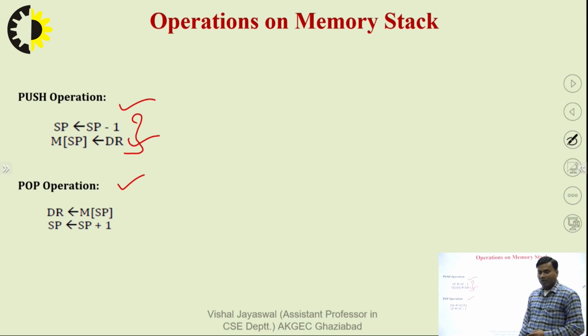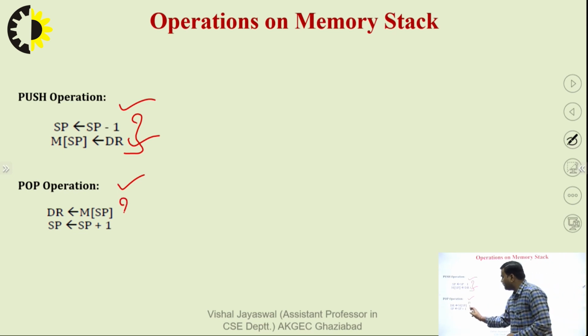Let's talk about the pop operation. First, the content of M of SP is transferred into the DR register.